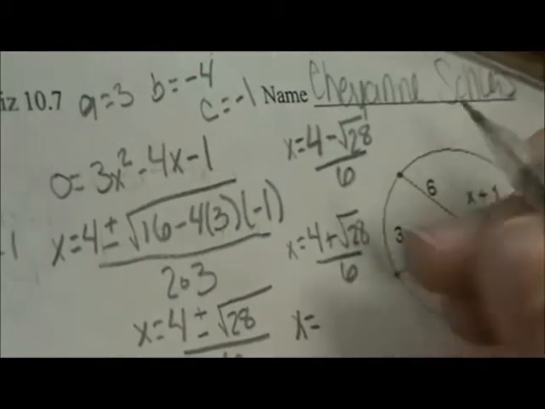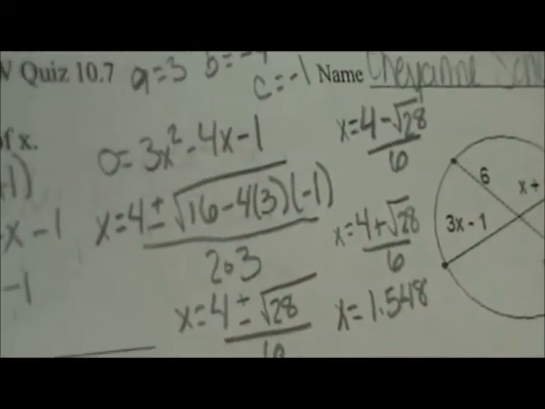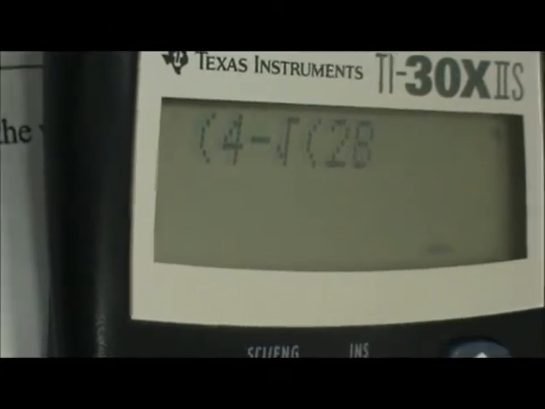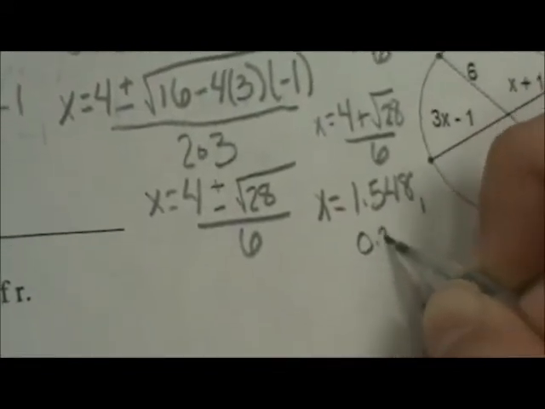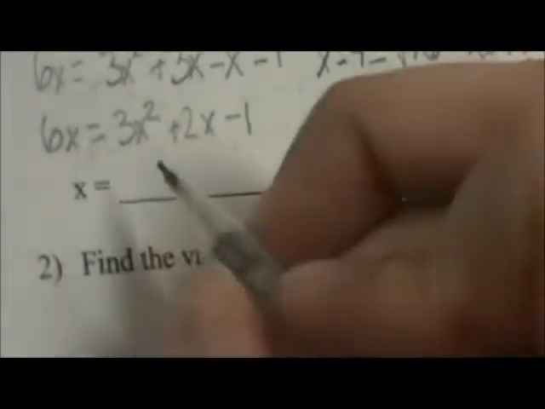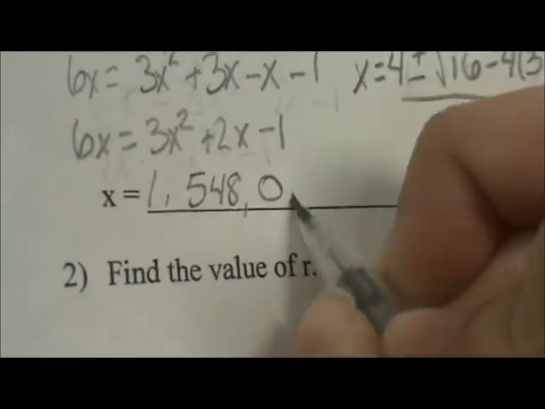So one of your x's is going to be 1.548. Then you need to put the other one into your calculator, 4 minus the square root of 28 divided by 6, and you will get x is equal to negative 0.215, I believe.